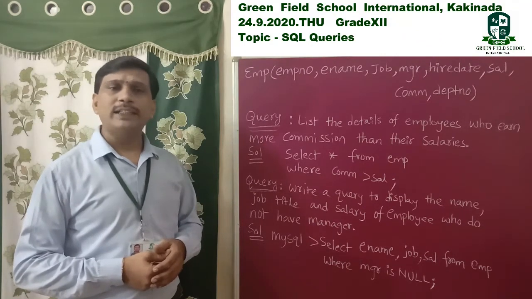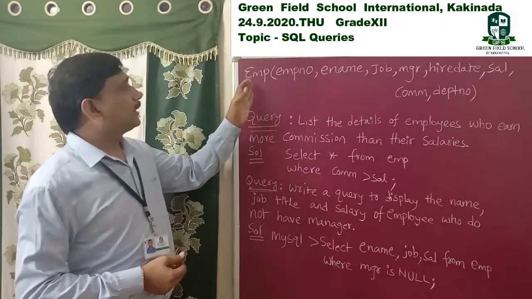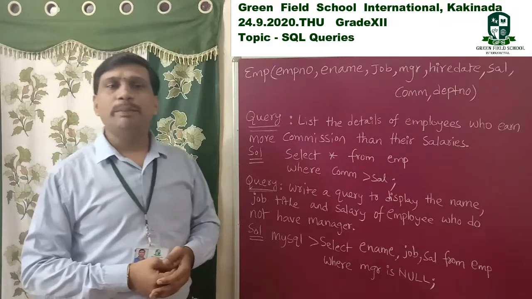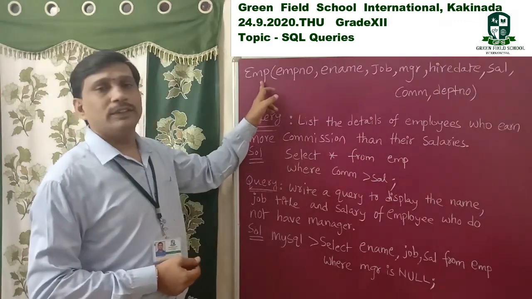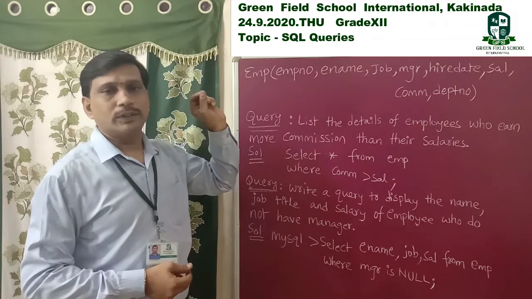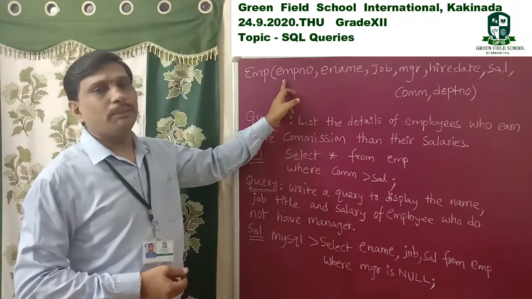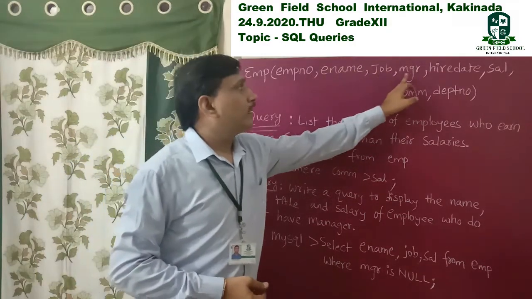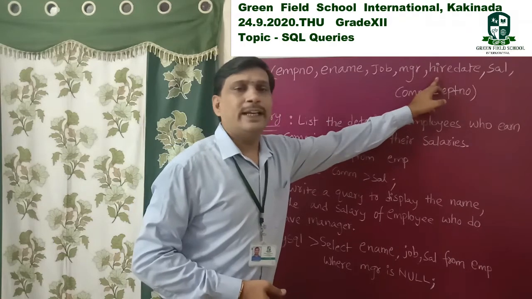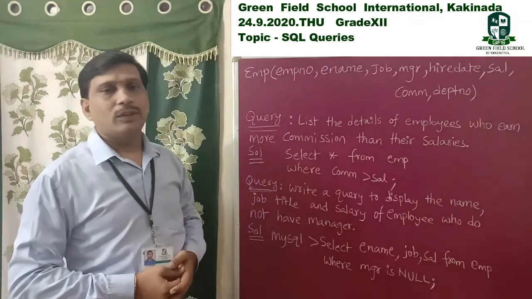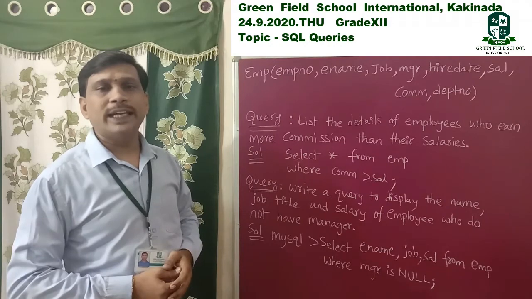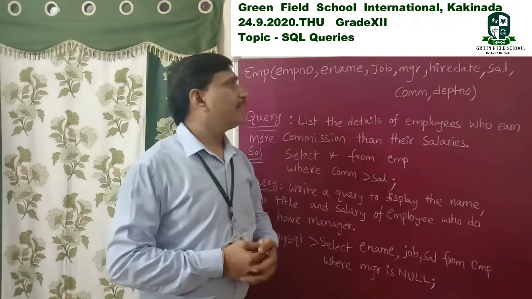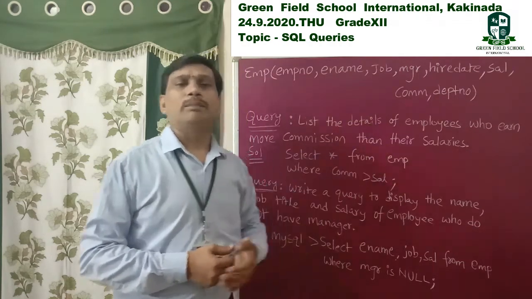So first we write queries. First they are given some input, that is the EMP table. The EMP table has some columns: employee number, EMPNO; employee name, ENAME; job; manager; hire date, which here means date of joining; salary, SAL; commission; and department number.